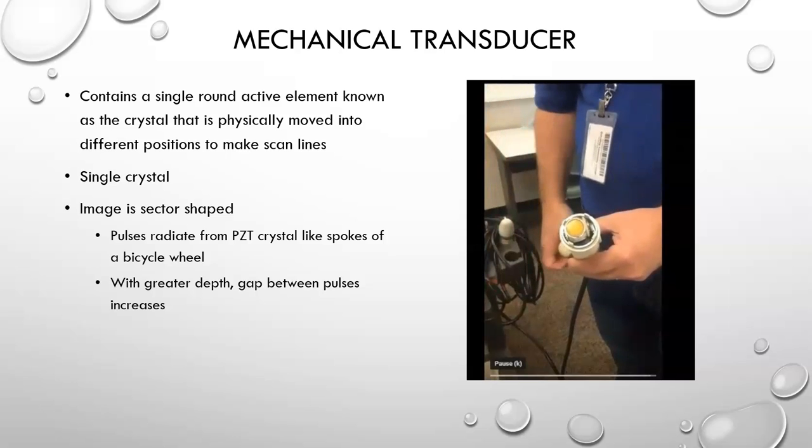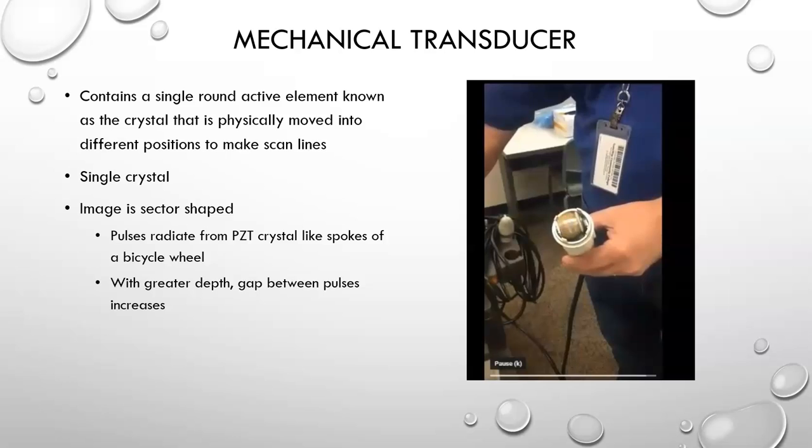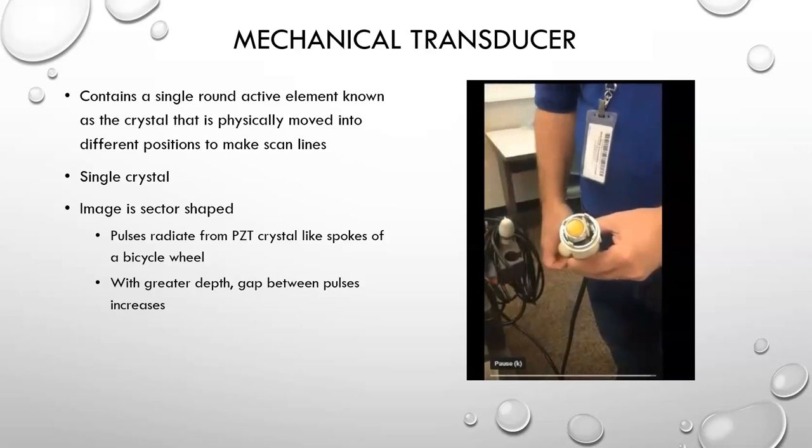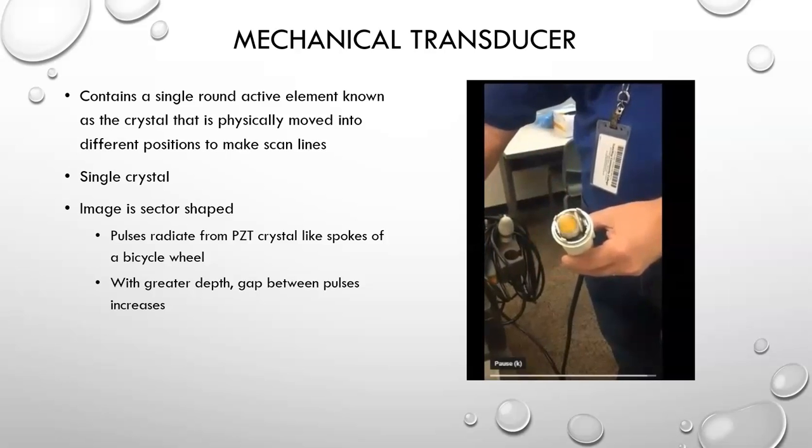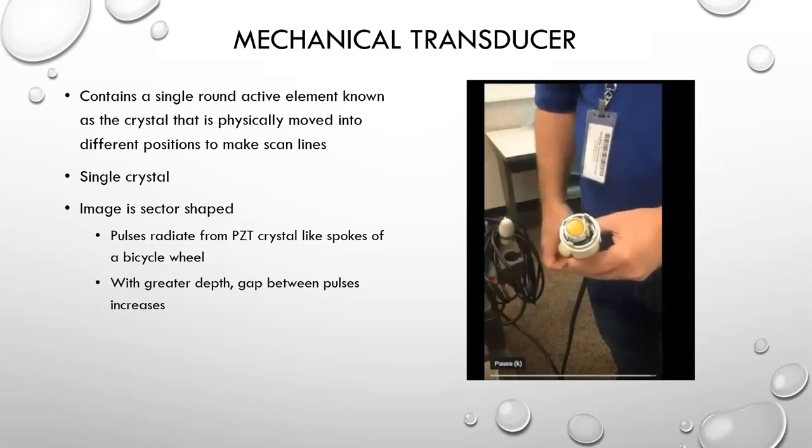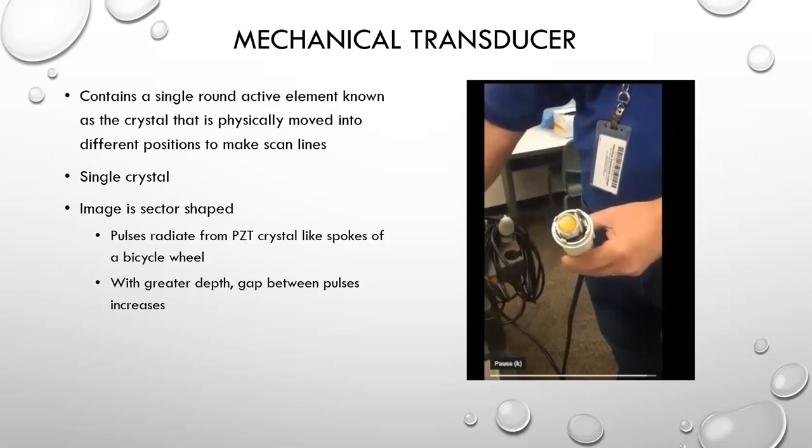Pulses will radiate from this PZT crystal like spokes from a bicycle wheel as it spins. One thing that's important to know is that anytime you have a sector image, at greater depths, the gaps between the pulses will increase.